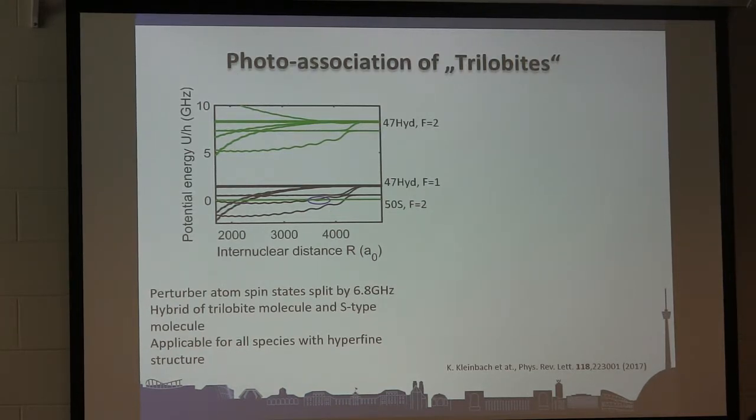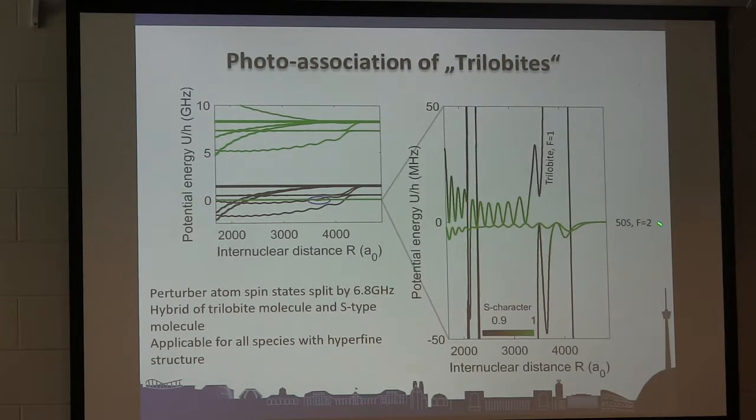This is the point where we want to work, because there the normal S state potential is crossed by this Trilobite molecule, and you already see that it strongly changes the shape of these potentials, and that we can find positions where there's a lot of S character, but still a lot of modulation of the potential due to this Trilobite molecule.